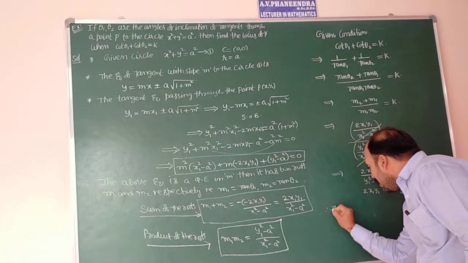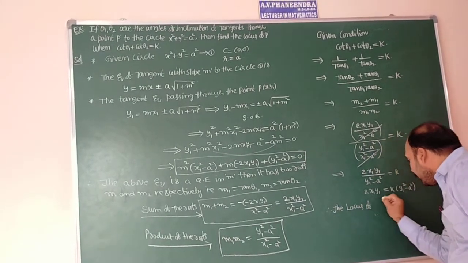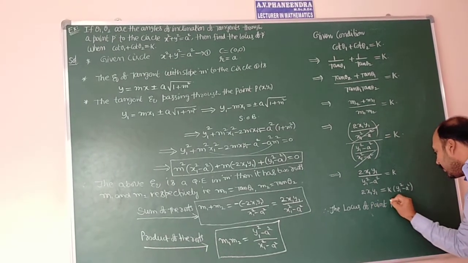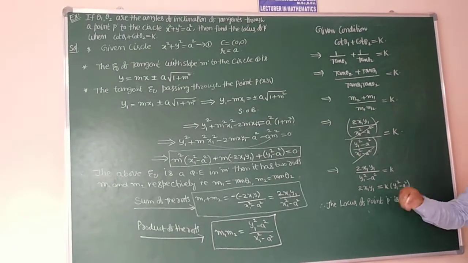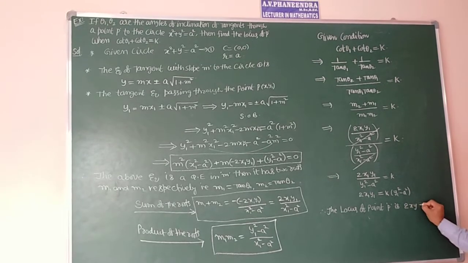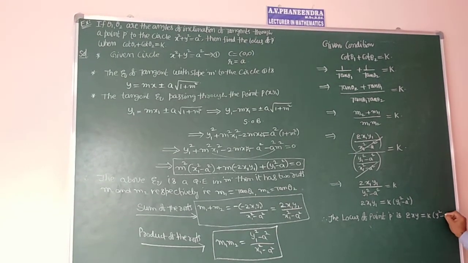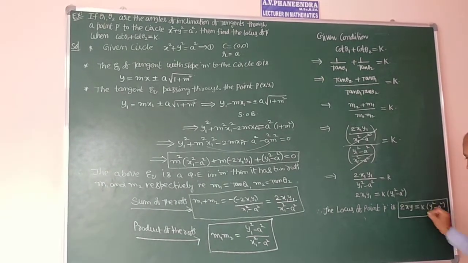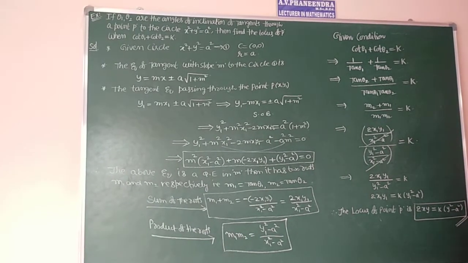Therefore, the locus of point P, whenever they are asking for the locus, remove x1 y1 and write x comma y, is 2xy is equal to k into y square minus a square. That is what they are asking to calculate. This is the required locus.